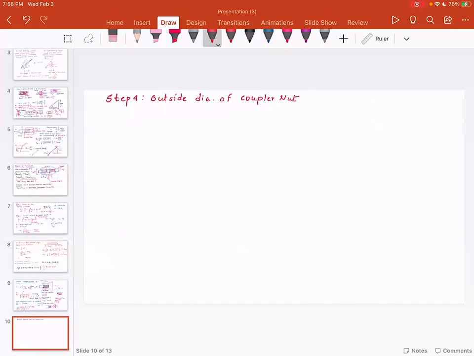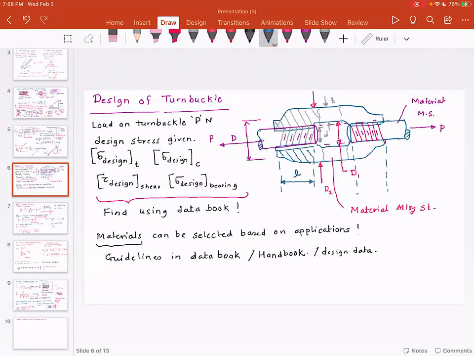So outside dia of the coupler nut is given as D, and so I just want to tell you what that diameter is.